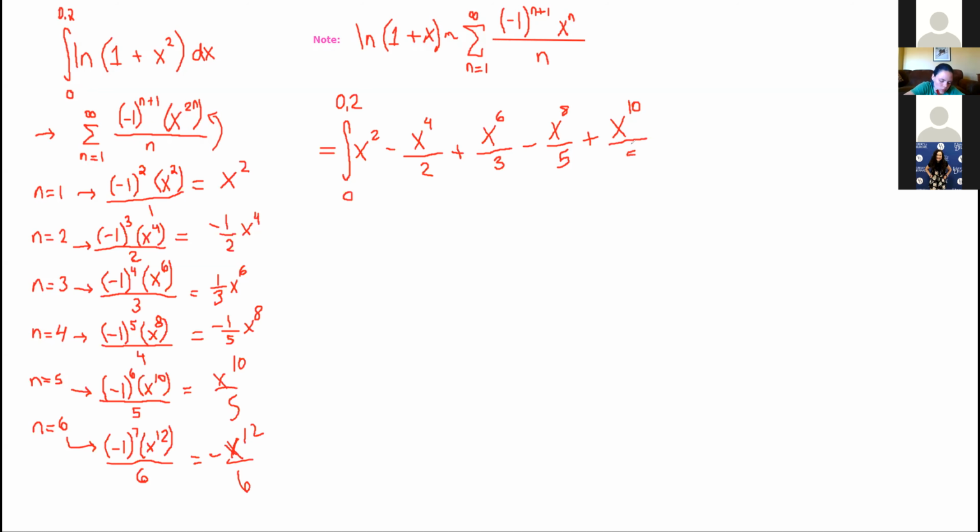Because the n equals 6 term is x to the 12th, that's a high exponent, and the exponent is only going to get larger, and our upper bound is 0.2, so as we raise that to a higher exponent, it'll get smaller and smaller. So good. The values of x are really small, right? And remember I said that these approximations are really only good as long as the value of x is small. So good.